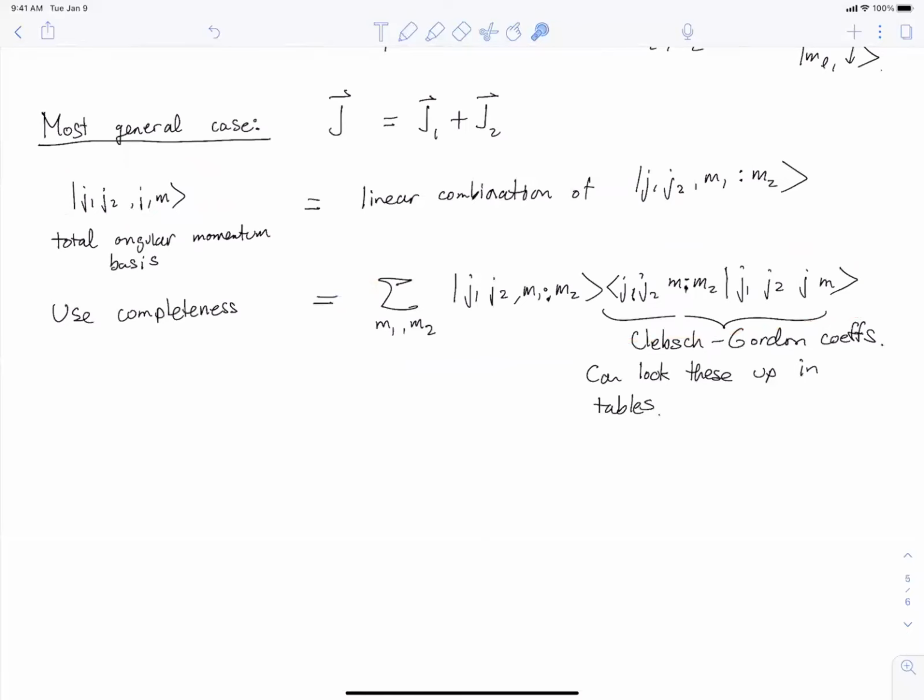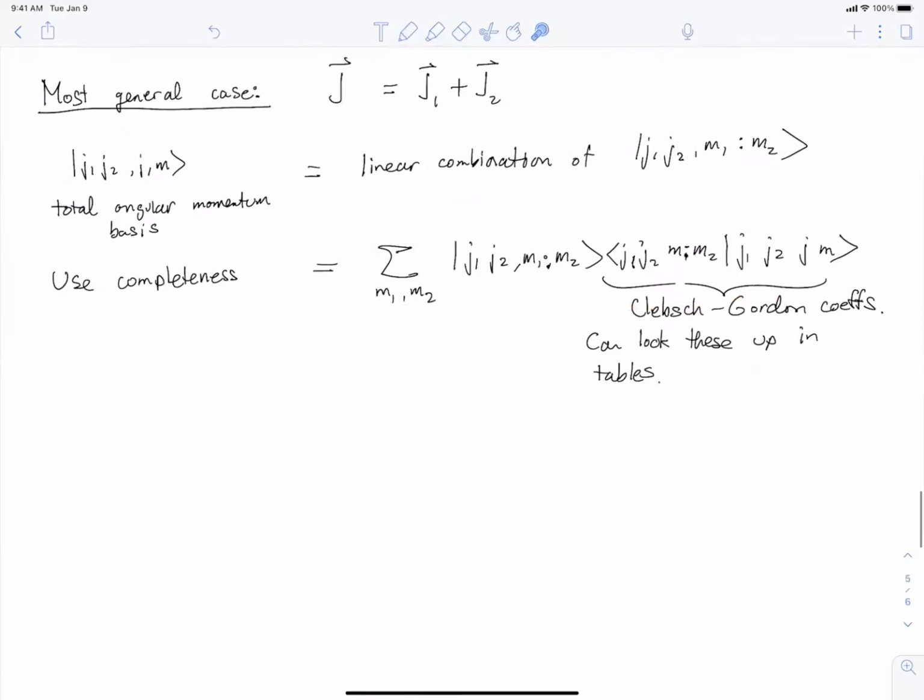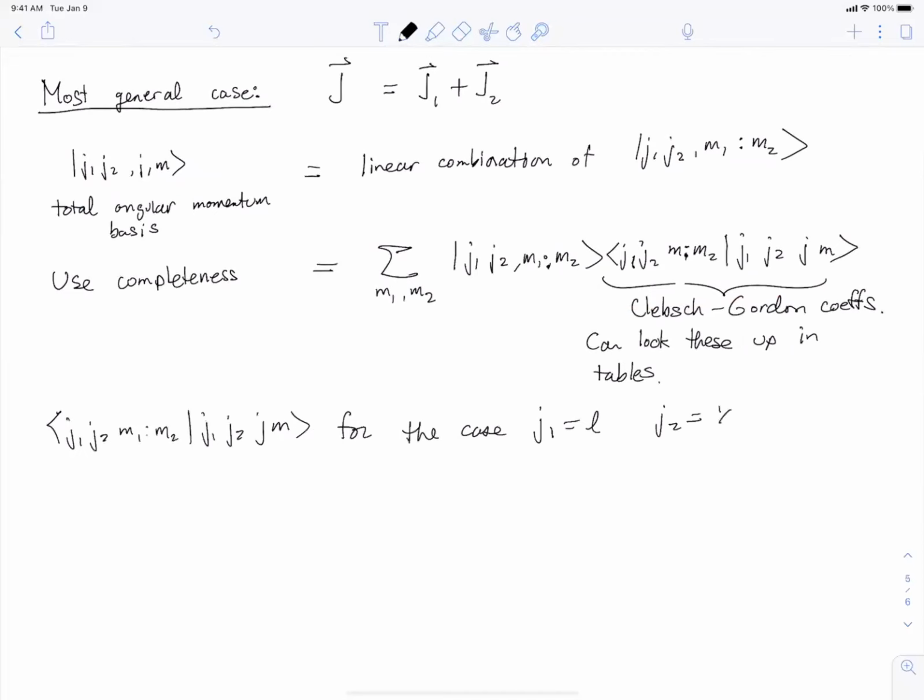Okay, so just for example, the one example that we've done is you can compute this Clebsch-Gordan coefficient for the case that J1 is L and J2 is 1/2.